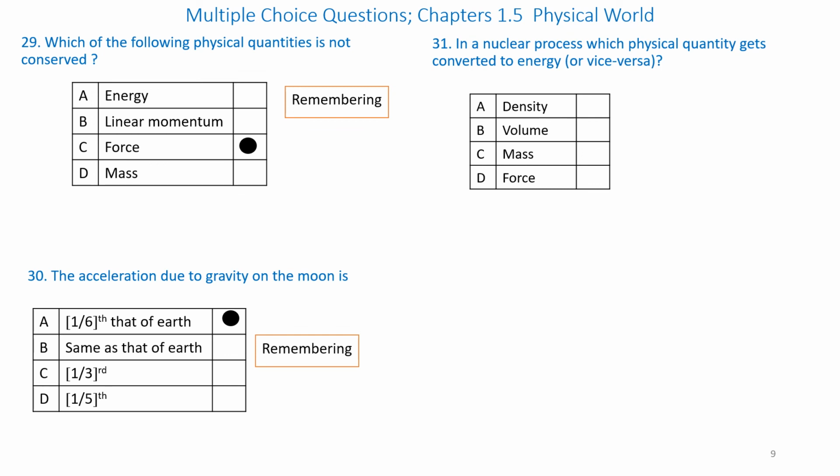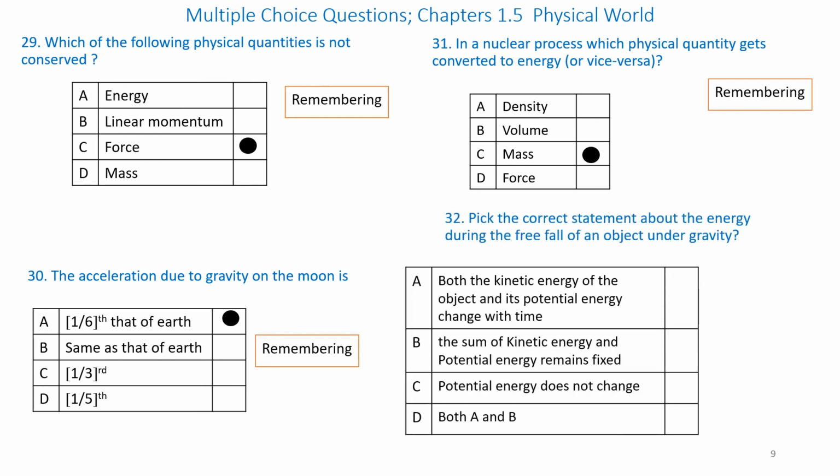We know the conversion is given by the relation E is equal to mc square. C is the velocity of light, which is constant. So E is equal to m into c square. Therefore m is the mass. Mass gets converted into energy. Choice C is the correct answer.